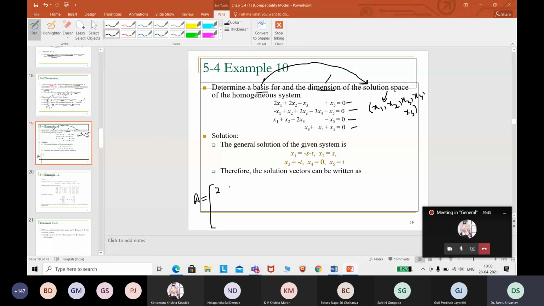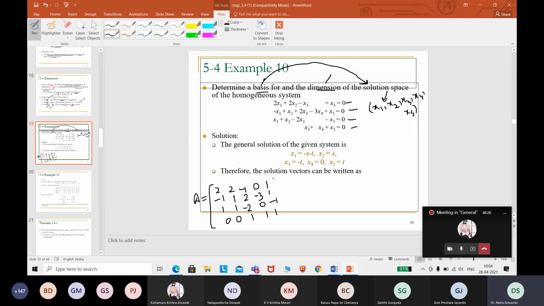The rows are: 2, 2, -1, 0, 1; then -1, 1, 2, -3, 1; then 1, 1, -2, 0, -1; then 0, 0, 1, 1, 1. So this is my matrix.